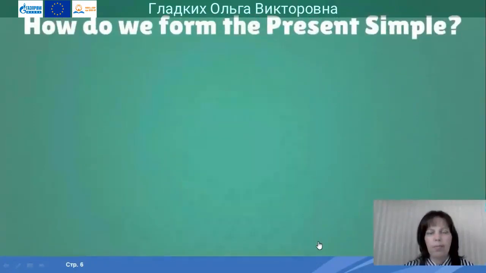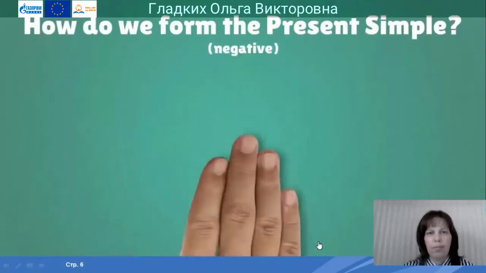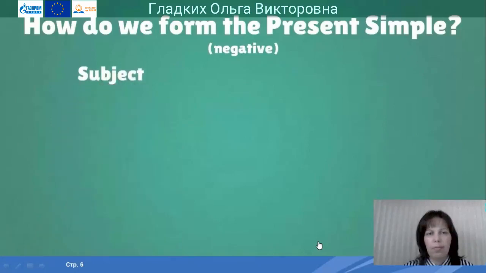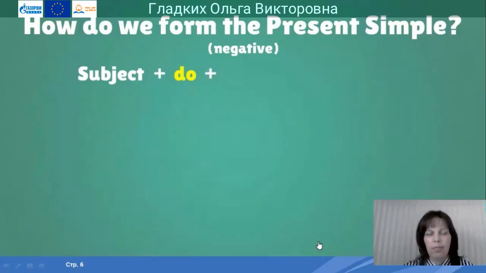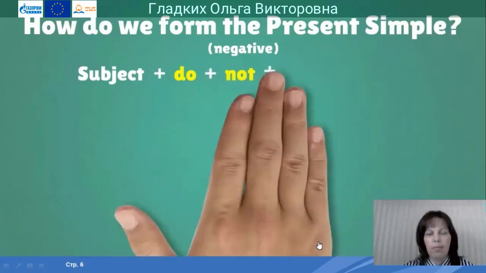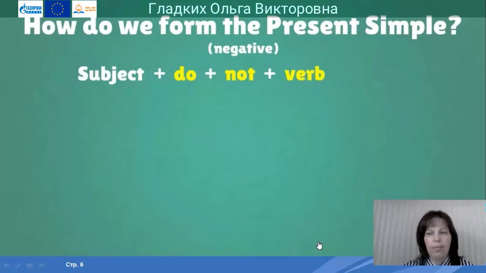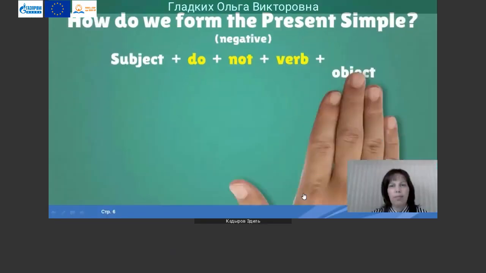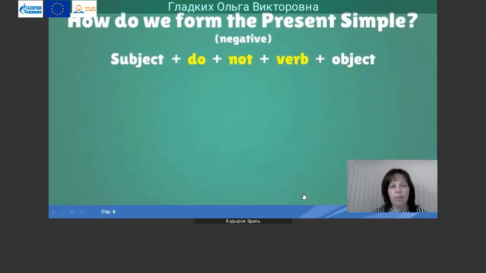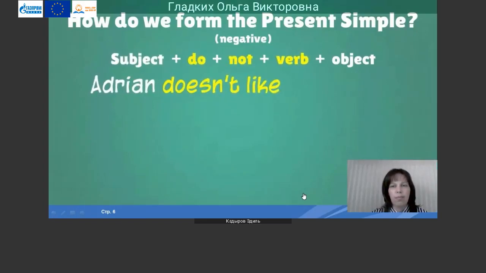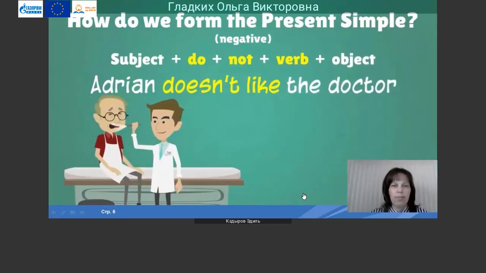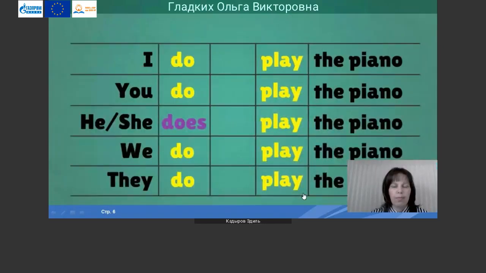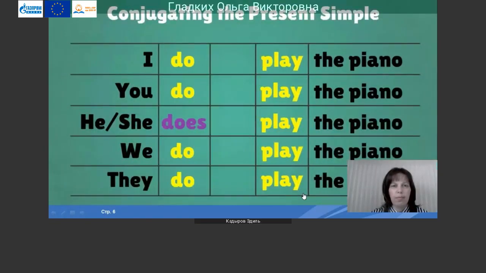How do we form the present simple? Negative. Subject plus do plus not plus verb plus object. Adrian doesn't like the doctor. Conjugating the present simple.